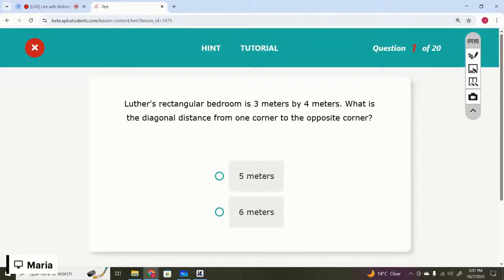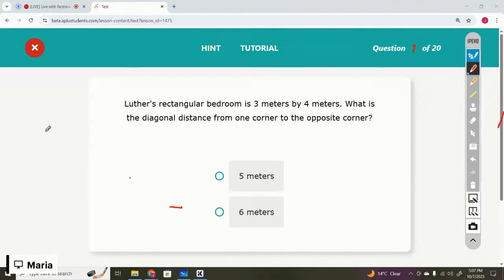So the room is rectangular. We need to calculate the diagonal distance between the corners, right? So that is like this, 3 meters and 4 meters.